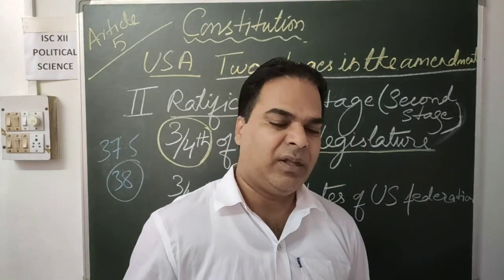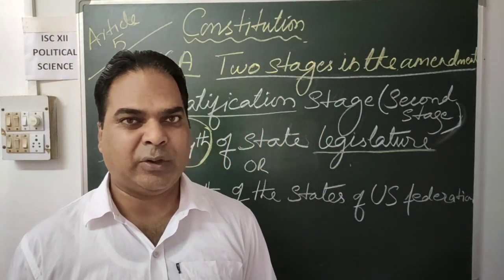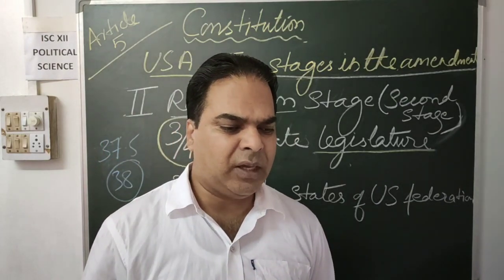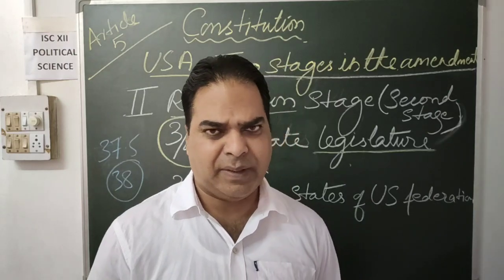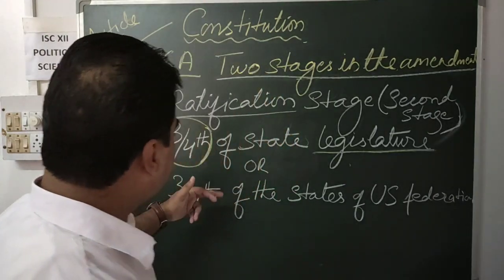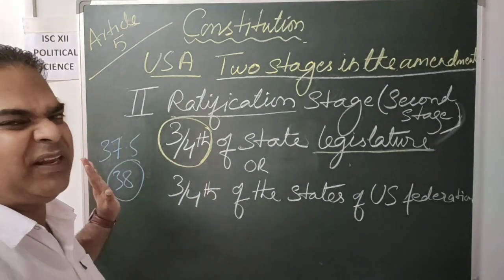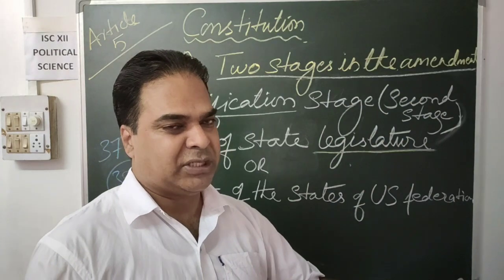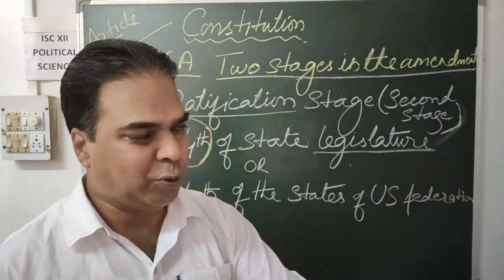This is a very rigid process. The first one was all about a flexible constitution, that was an unwritten constitution, and this one is very rigid. First is the proposal stage, then if it clears the first stage, it has to go to the second stage.